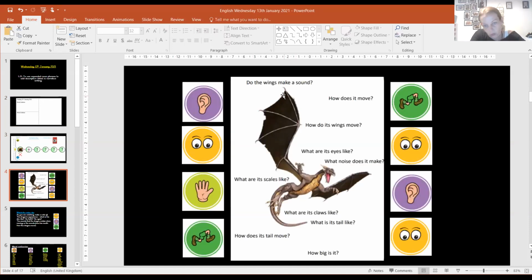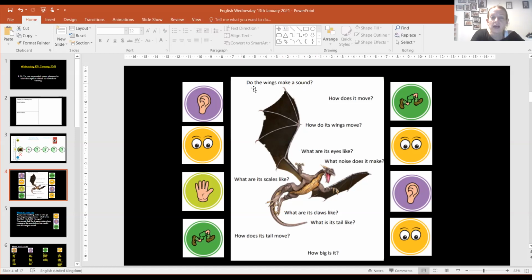So we're going to try and describe the dragon, because we want the reader to picture in their minds what this horrible beast that we're standing in front of looks like, what it sounds like, and perhaps even what it feels like, or what you think it might feel like if you were to touch him.